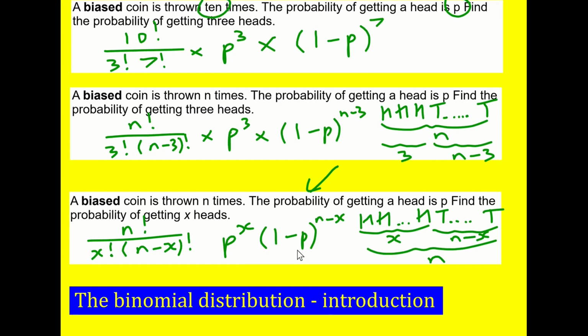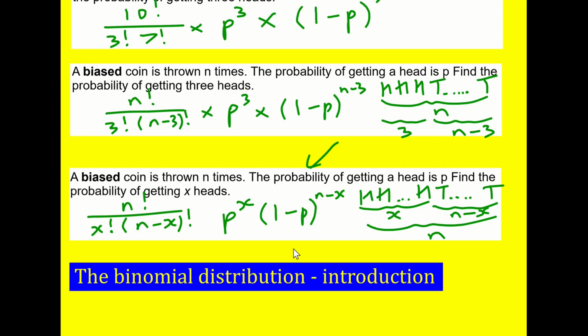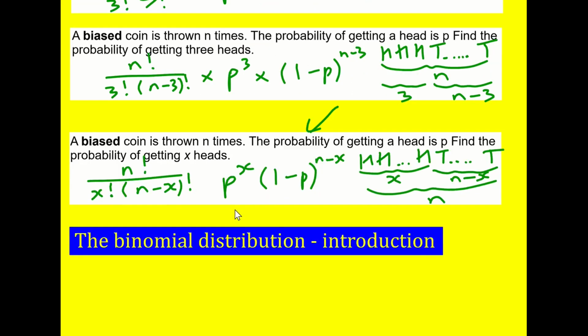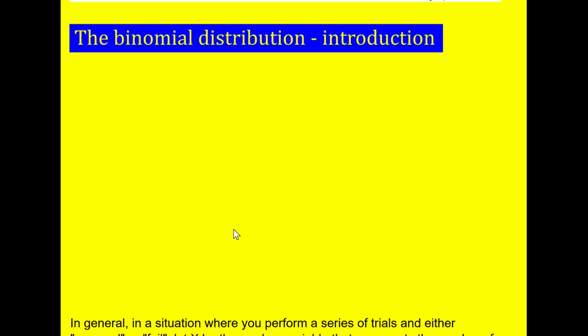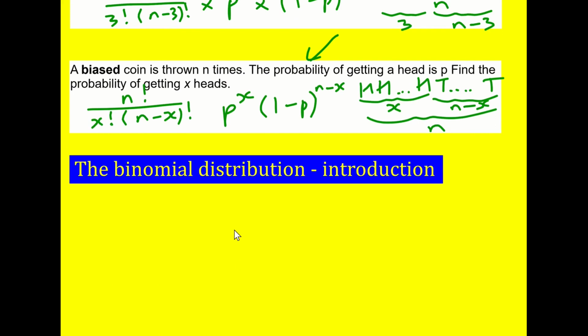This is an example of our binomial distribution. So actually we've given the general formula for it. We just need to say a bit more about what it's about. So here goes. In general, in a situation where you perform a series of trials and you either succeed or fail. So in this situation, getting heads was a success and getting tails was a failure.